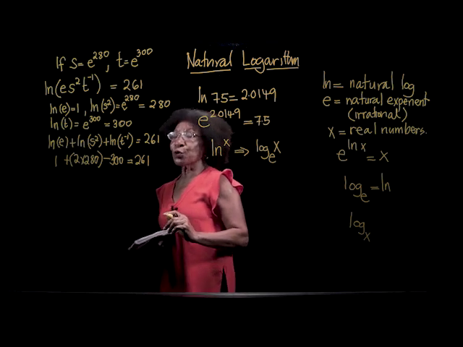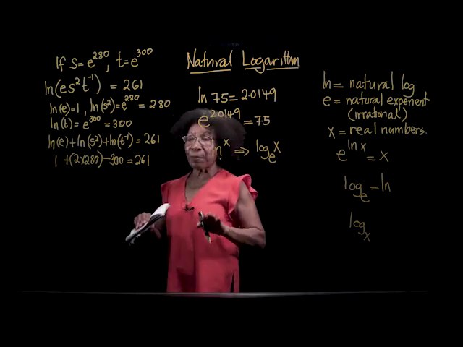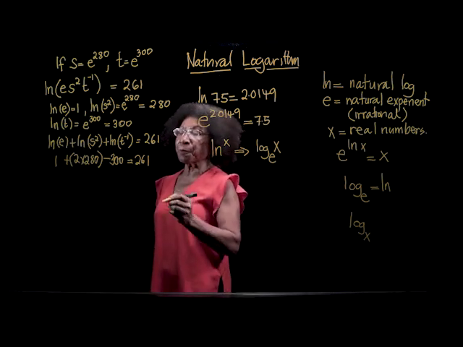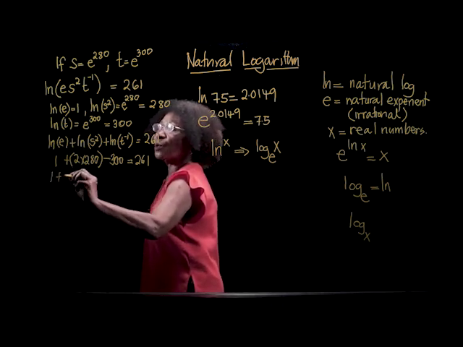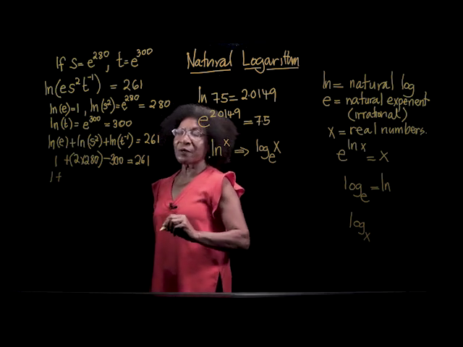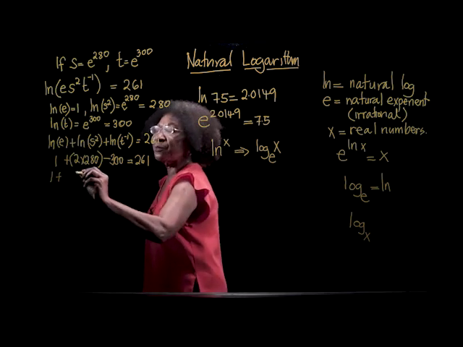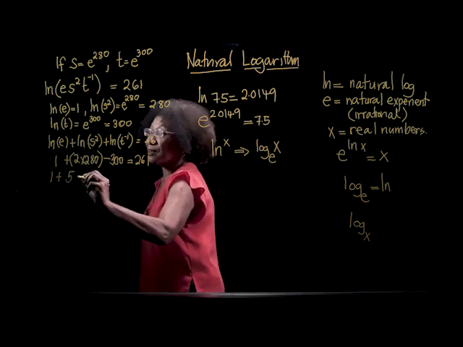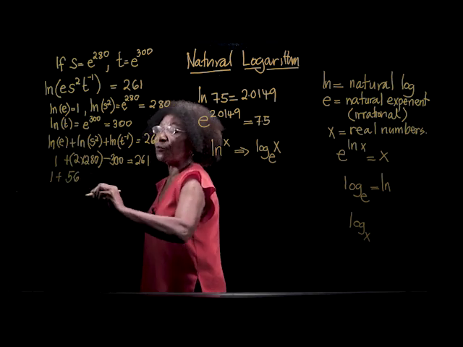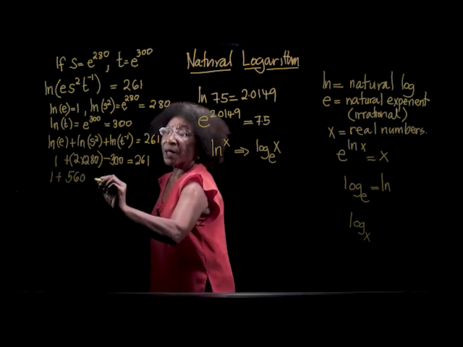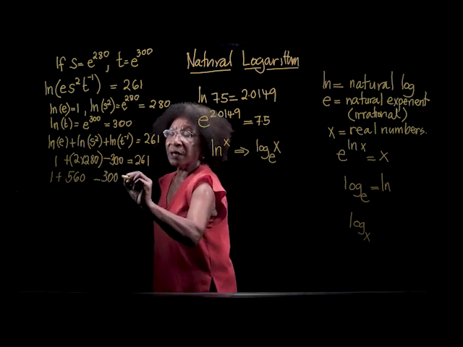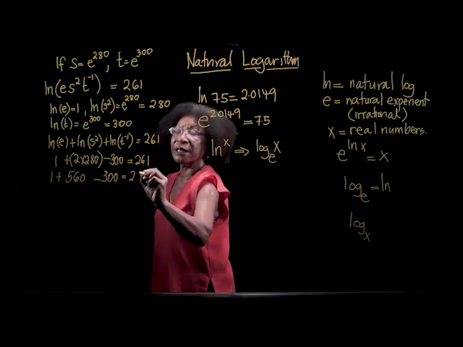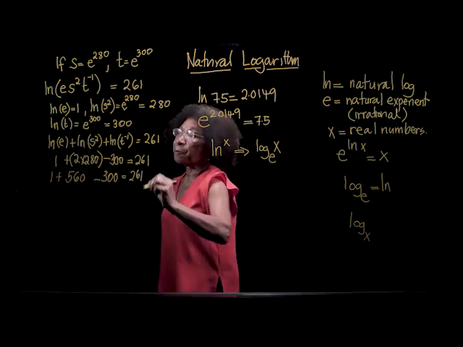We're still not too sure whether that equation is balanced or not, so we simplify. That would give me 1. Adding that onto 2 times 280 would give me 560. I take that, subtracting 300, that would equal 261.